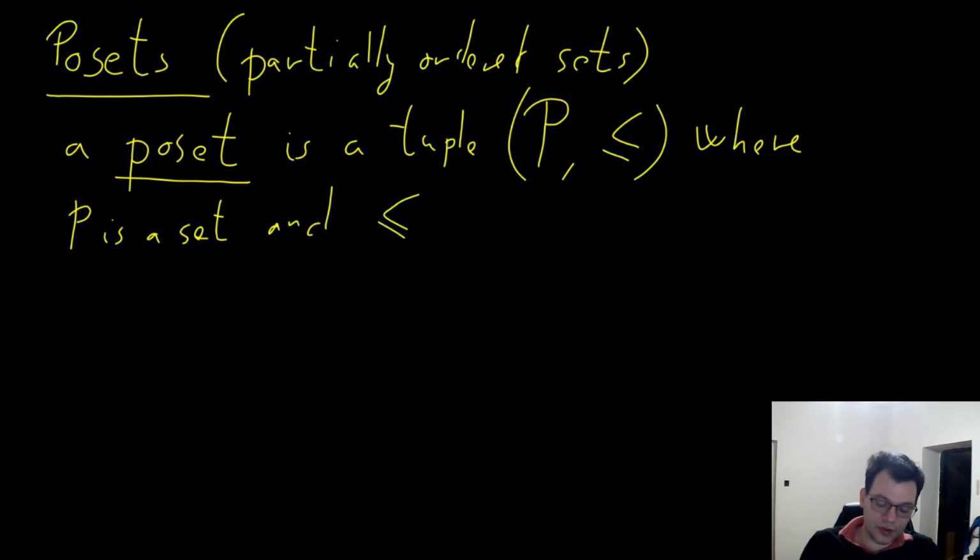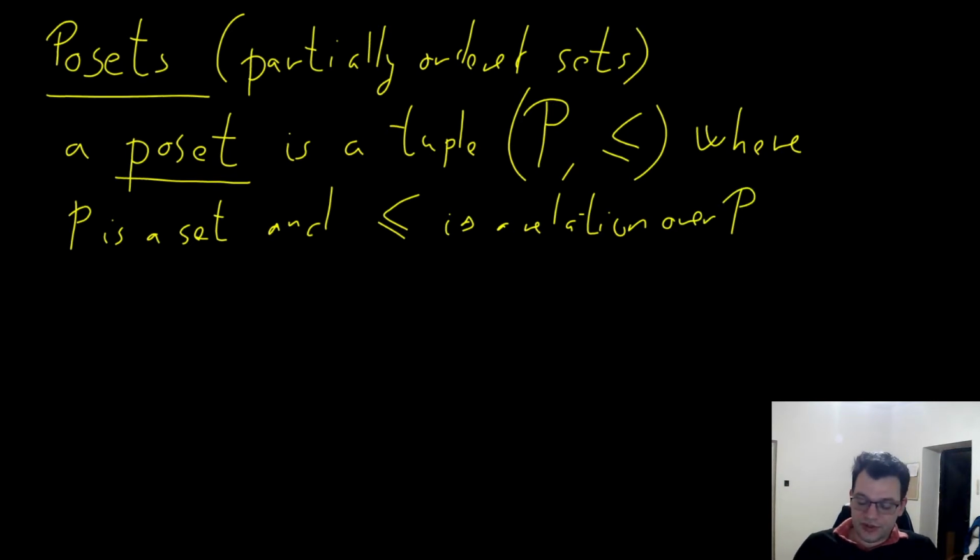This less than or equal to is a binary relation over P, over the set. You can also say that this is a subset of P times P, if you are familiar with this notion. So something is either smaller than or equal to another thing or not.